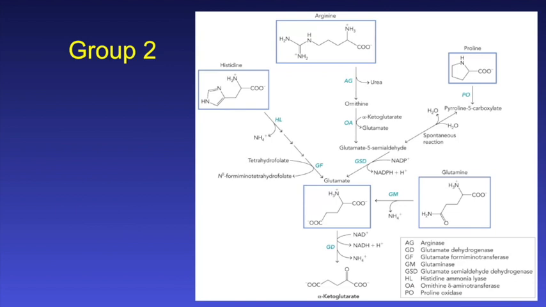Group 2, I'm going to articulate a lot more of these reactions. And so we have histidine, arginine, proline, glutamine, and then glutamate. All right. And we know glutamate, we've seen the reaction that changes glutamate to alpha-ketoglutarate. That's the transaminase, or the GD, that's really good.